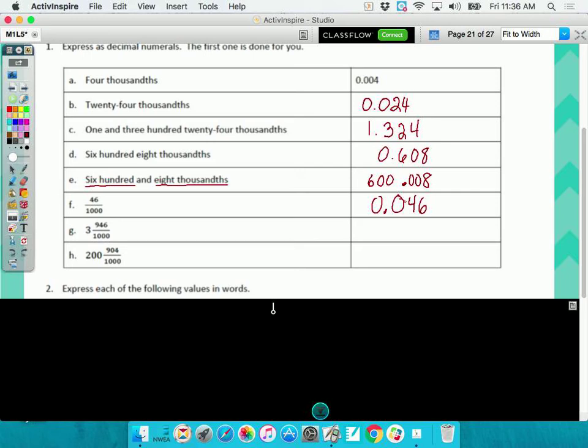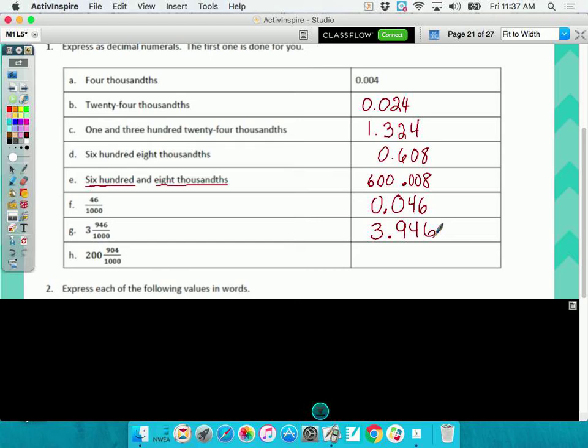Okay, so Yaneli, tell me how to say this number right here. 3 and 946 thousandths. Awesome. So I'm guessing she wrote this. How are we doing? Did you get it? Yes. So you're able to take what you just learned and change it, like on the same day you learned it. That's very good. Okay, again, I see a whole number and a fraction.